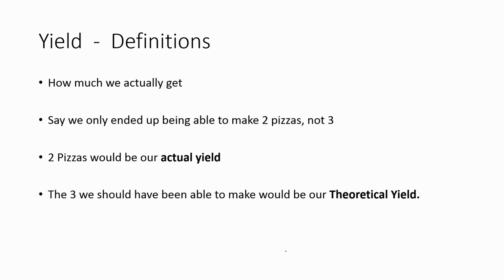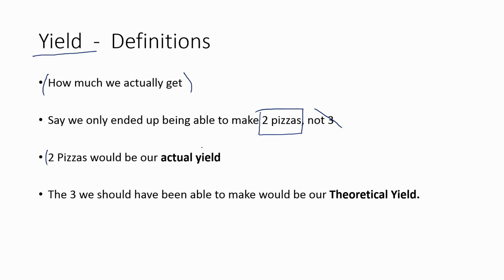Excellent. Well, we can throw a couple more definitions of things in here. One definition is the idea of yield. And yield is just how much we actually get. So for whatever reason, say something got mixed up, we added too much of something, whatever. We only got 2 pizzas, not 3.